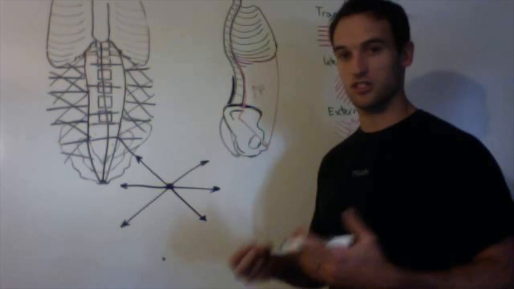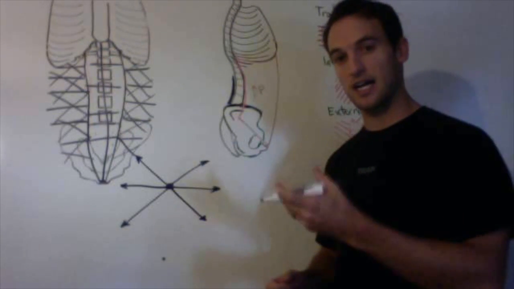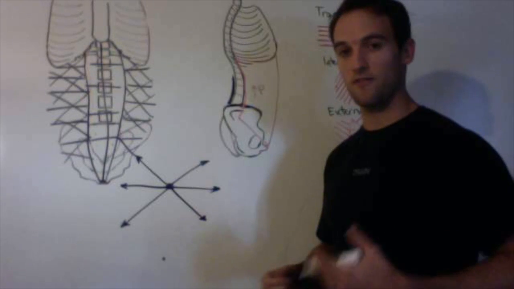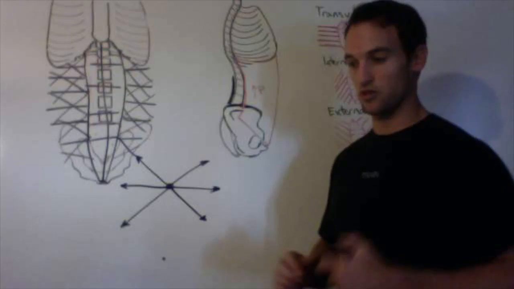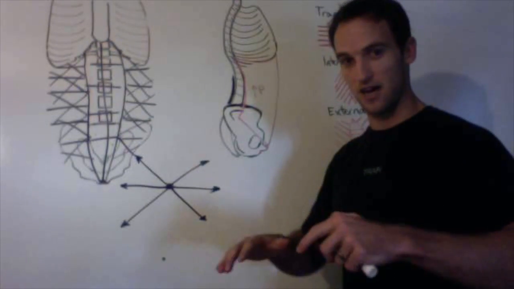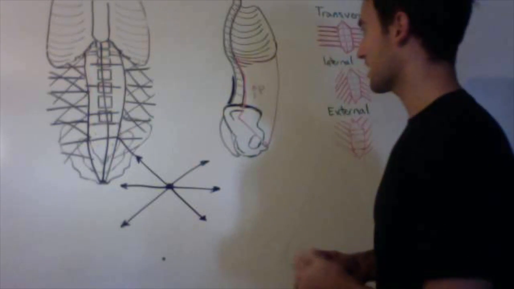Now for power, think about it like having a bike or your car or anything: walking on sand versus concrete. Riding a bike that has low tire pressure versus high tire pressure. You're going to get much more efficiency in your power out of a high tire pressure bike, because when you're pushing down, it's not bouncing up and down, it's transferring all that power straight through. So same thing here.